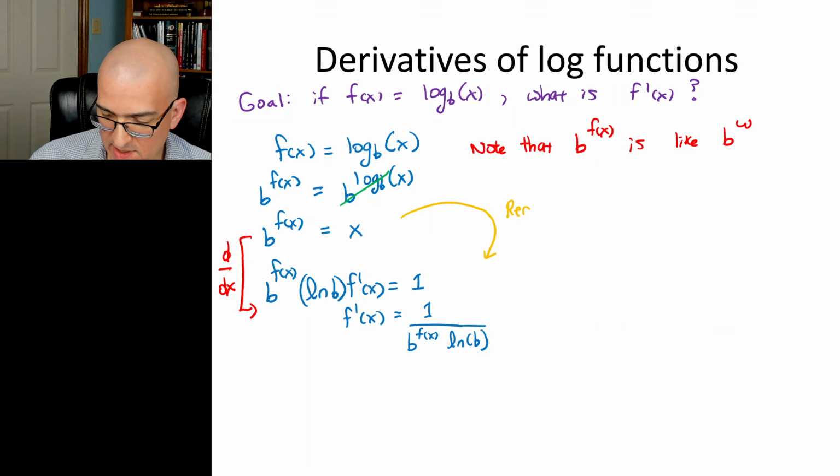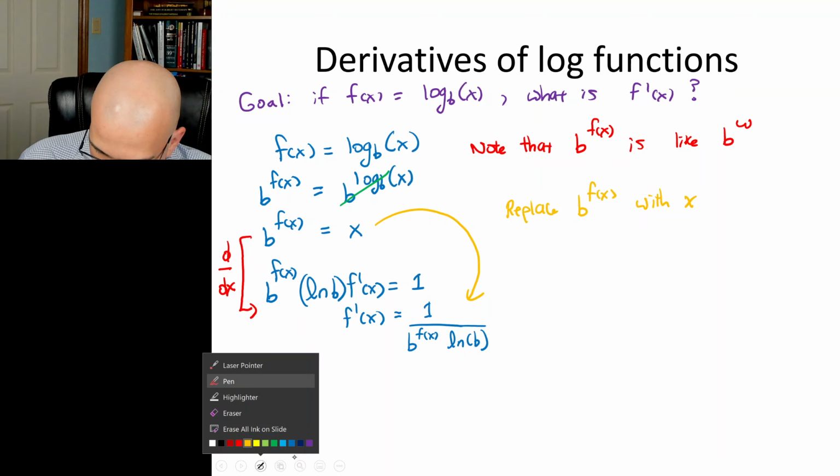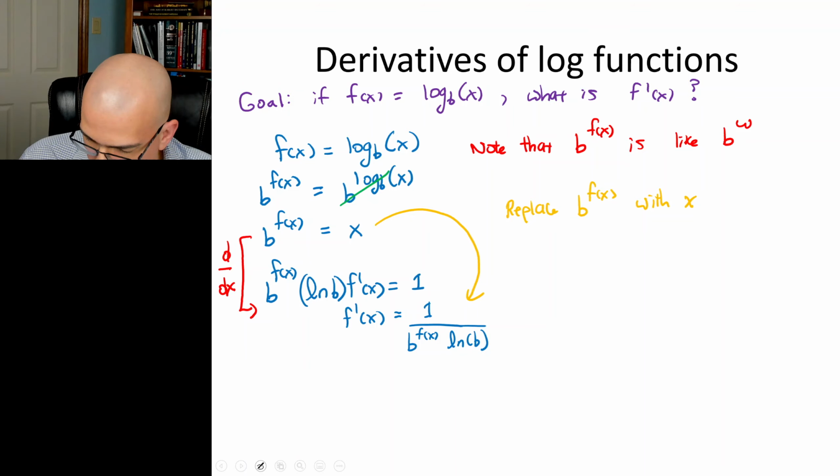So since they're equal to each other, I'm going to replace b to the power of f of x with x. I'm going to do that in the bottom line here. So we get 1 over x times the ln of the base.